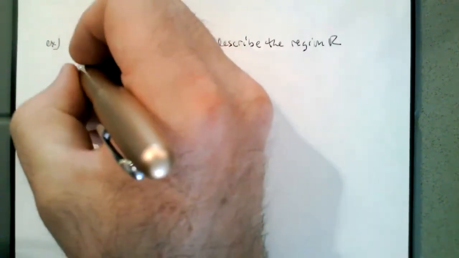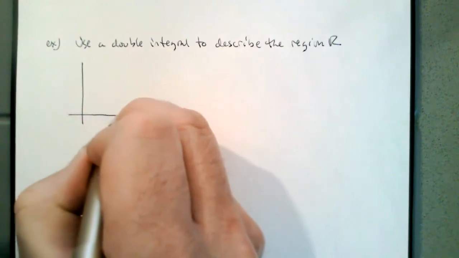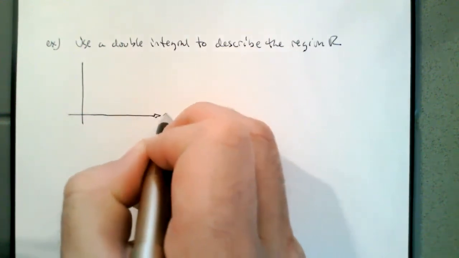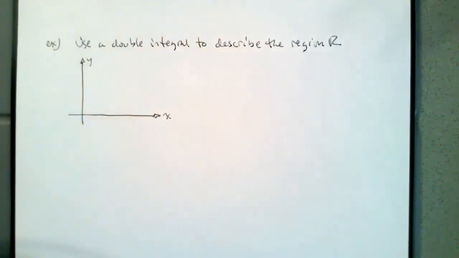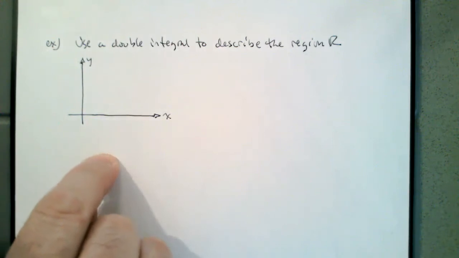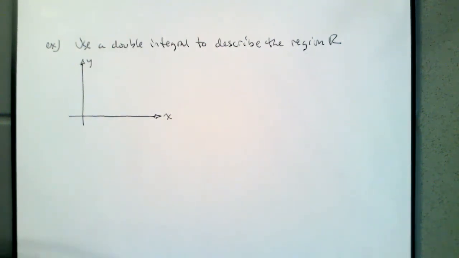First, I'm going to start with this region. We're going to be looking from the top down. Remember that our skill is to describe the region so that we can just drop it into the integral. So we're going to focus our view on a top-down view, looking at the XY plane from the top. The surface is above this, even above the camera. I made it high enough so that it wouldn't get in the way of the camera.